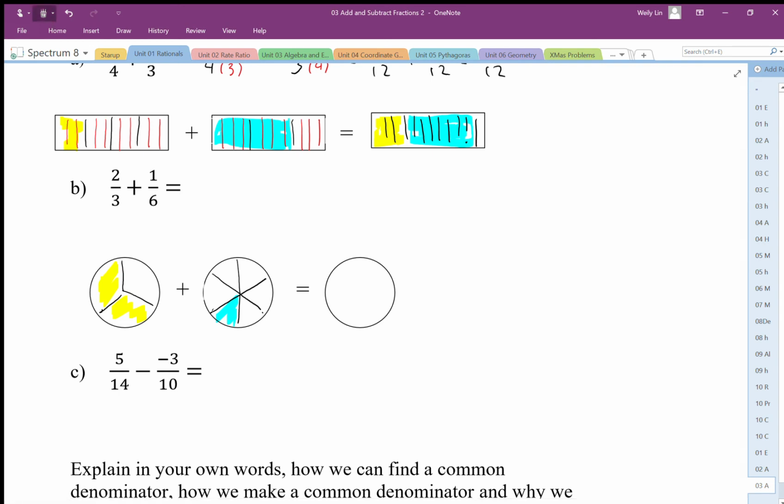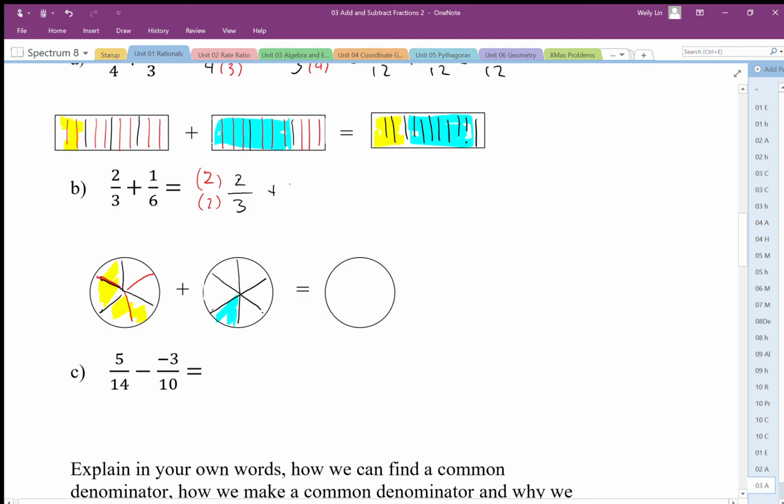Well, it looks like the thirds can be divided up into common sized 1/6 pieces that I have here. So I do groups of 2. So that means I have 2/3 times 2 times 2 on the top and bottom. Okay, and that 2/3 now becomes 4/6.